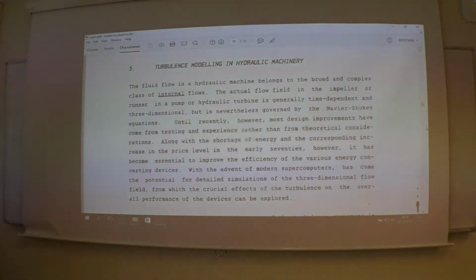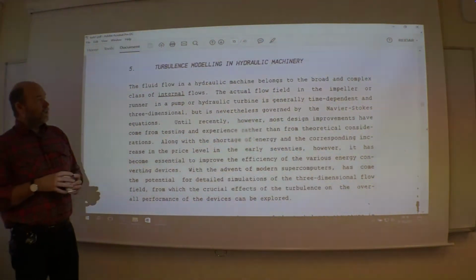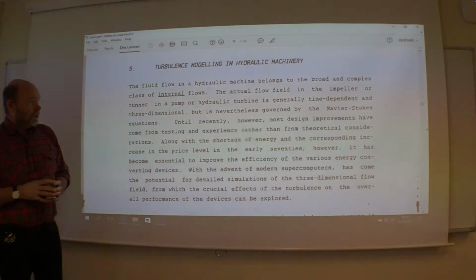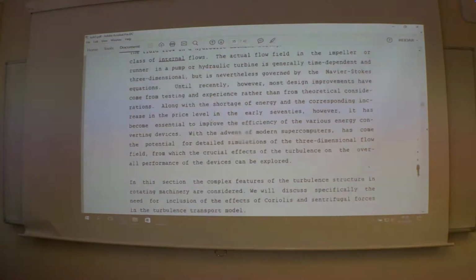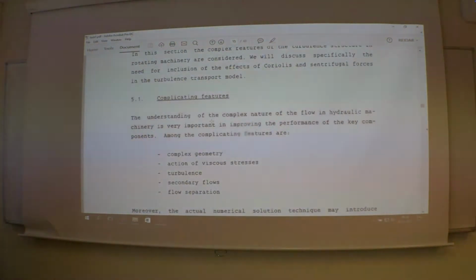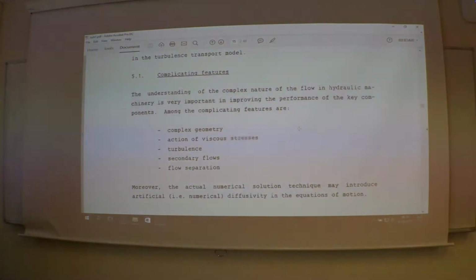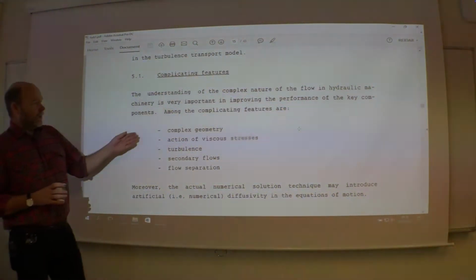In this text, they are now focusing on turbines, pumps, rotational machinery, and we have a couple of examples that we are going to have a look into, on why these classical methods, the 2 equation models, fail. So of course we have very complex geometry.